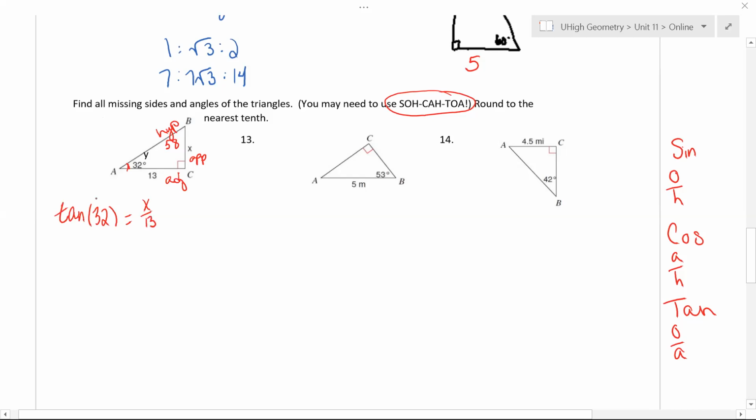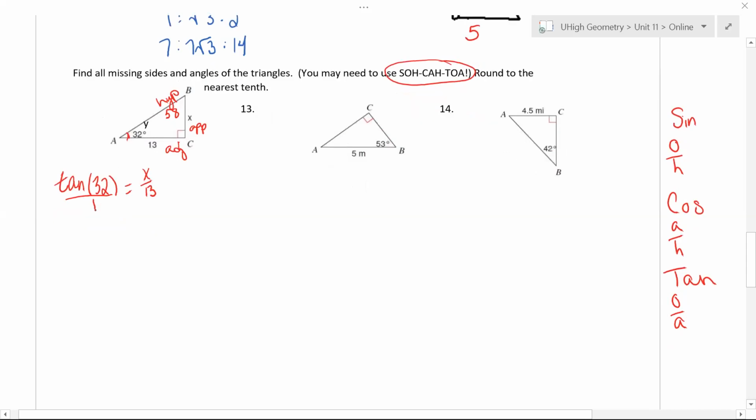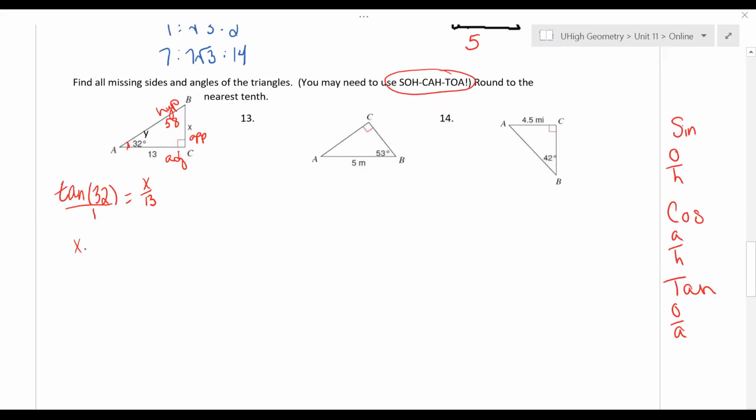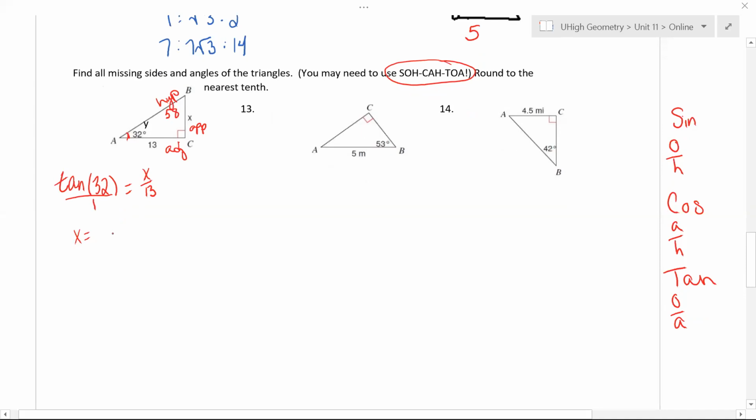Then I want to use my cross products and say that X equals 13 times the tangent of 32. And if I type that into my calculator, I would get that X is approximately 8.1.